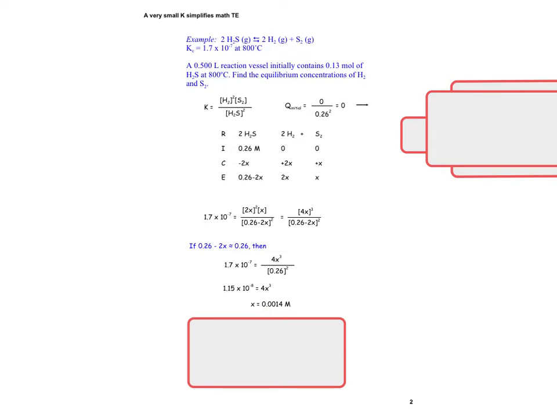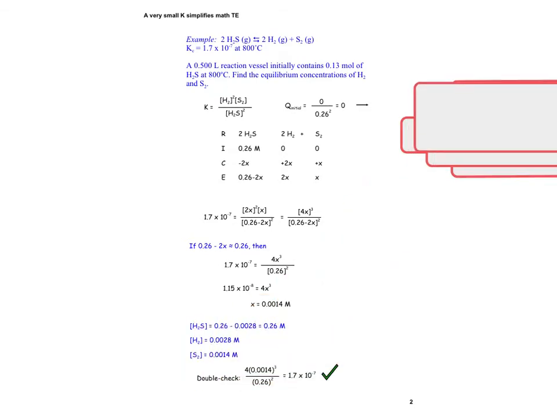Well, did my assumption work out? Let's take a look. 0.26 minus 0.0028, to the hundredths place, is still 0.26. It worked. 0.0028 is 2 times x.